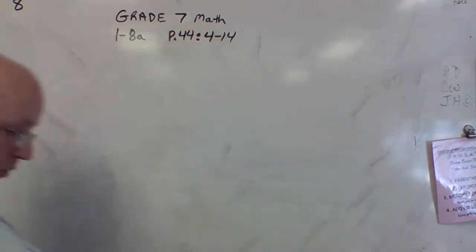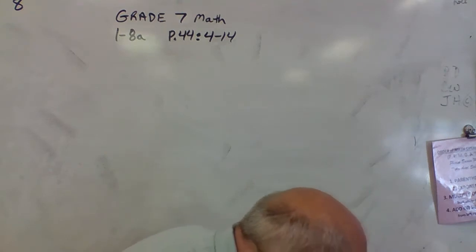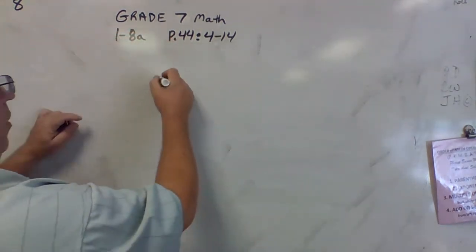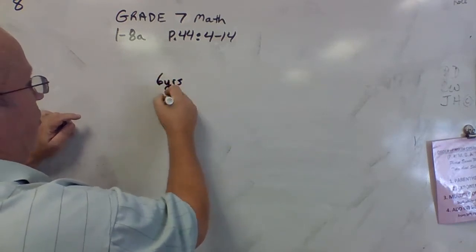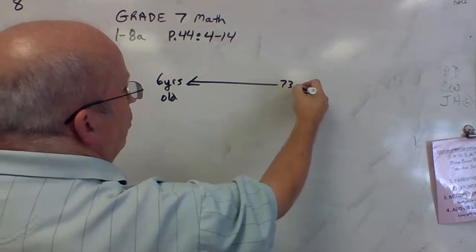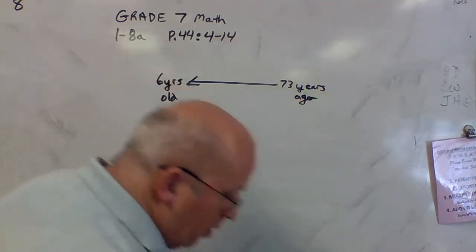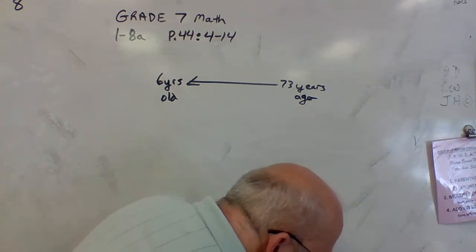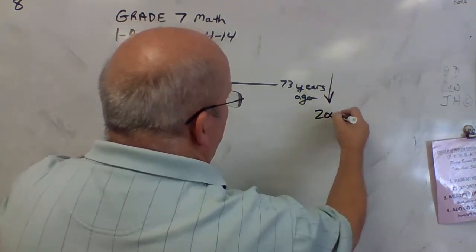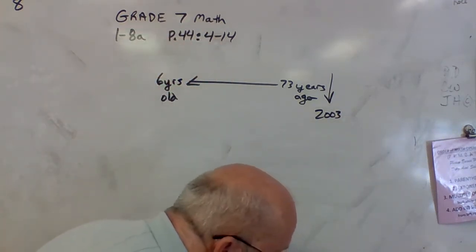I'm going to help you with the first one. McCall's great-grandmother was 6 years old when her family came to the United States 73 years ago. So the grandma was 6 years old, and that happened 73 years ago. And then it says, if the year right now is 2003, when was her great-grandmother born?